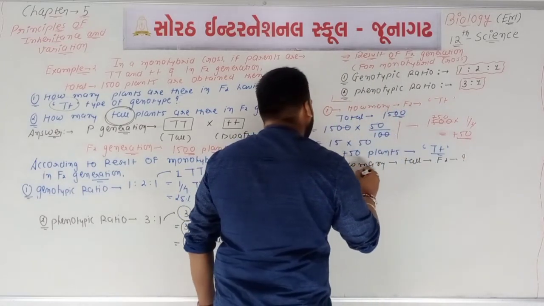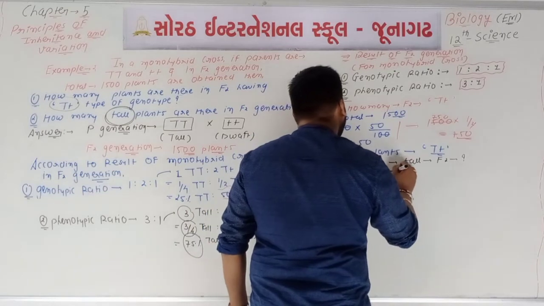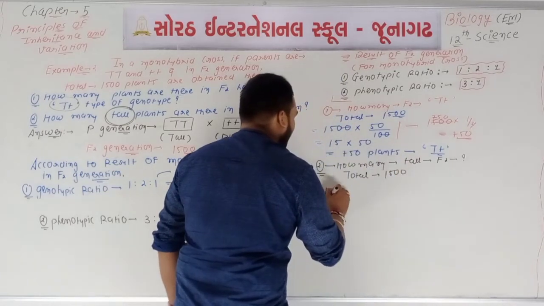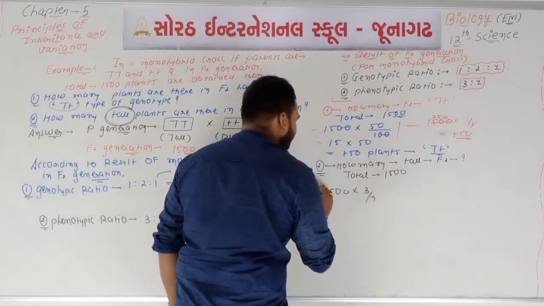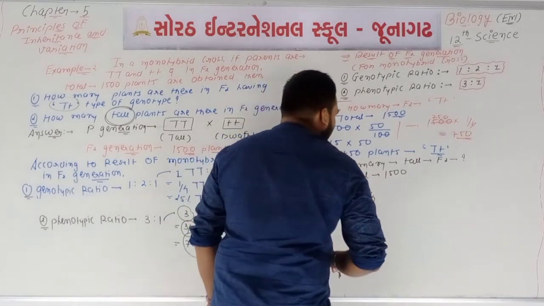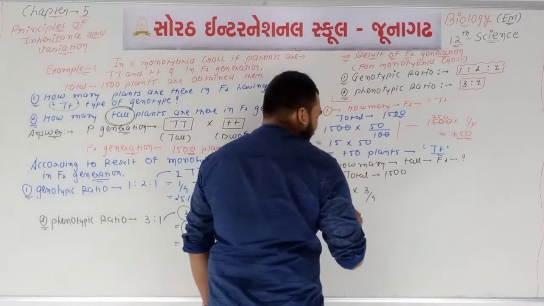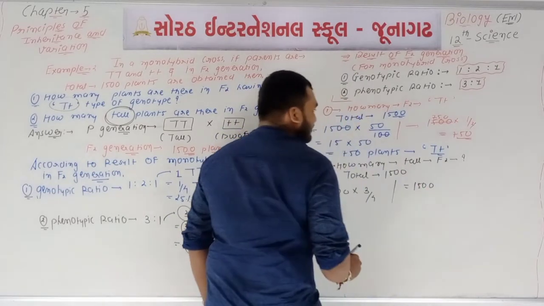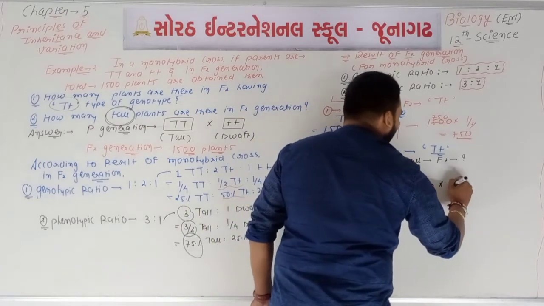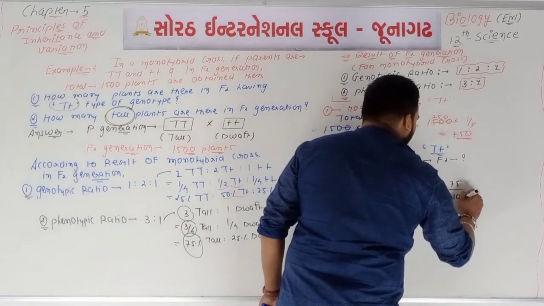Total 1500 plants are there, so 1500 multiplied by 3 upon 4, or we can say 1500 multiplied by 75 upon 100.